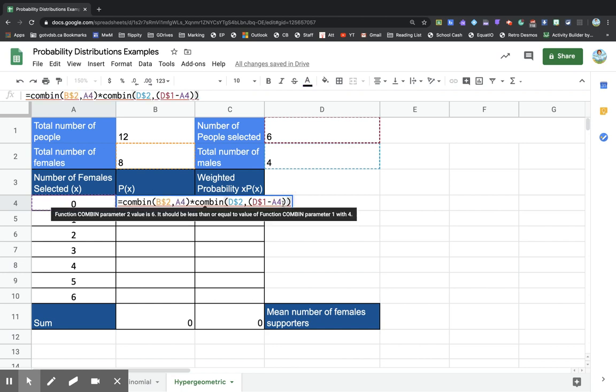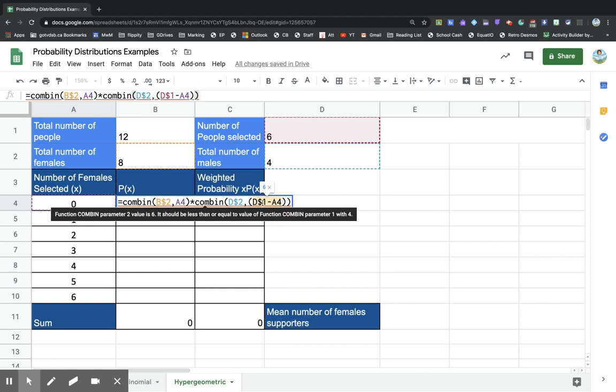So I have a double bracket, and now I have an error popping up. So let's read this error. It says function COMBIN parameter 2. Parameter 2 is the second piece in the bracket. It says the value is 6. So notice the little arrow here. It's referring to this second combinatorics. It says this subtraction value is 6, but it should be less than or equal to parameter 1, which was 4.